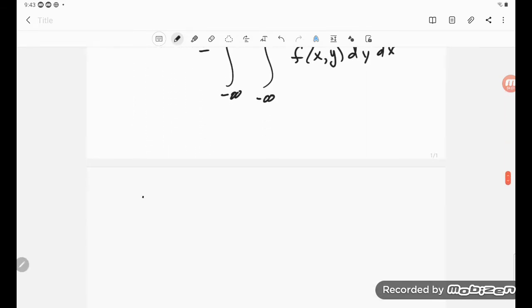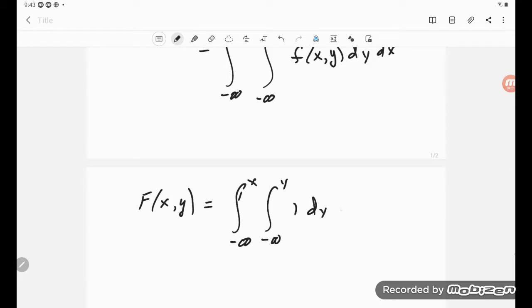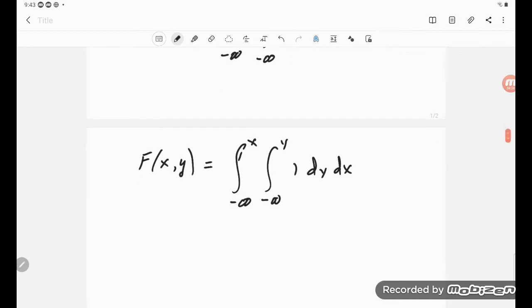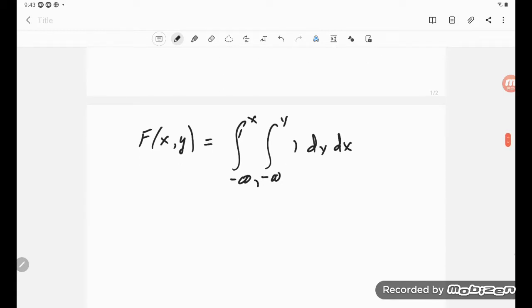So if we say our F of x and y is the integral from minus infinity to x, minus infinity to y of 1 dy dx, well, I integrate here, and that just gives me y.